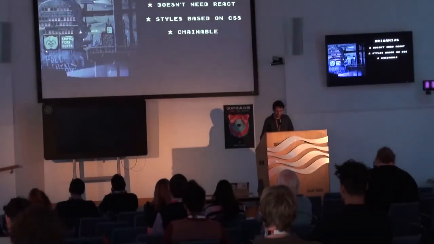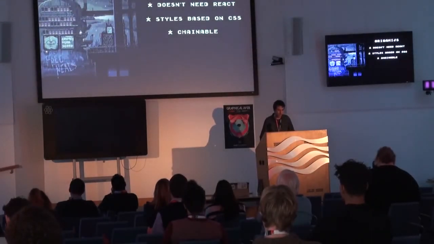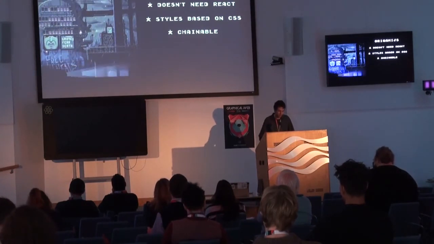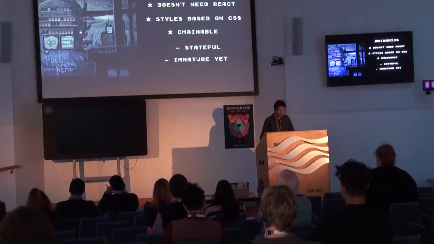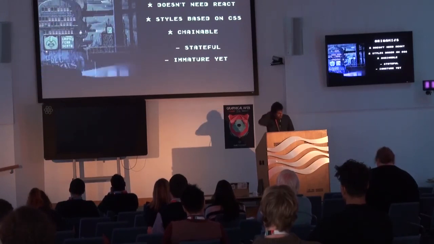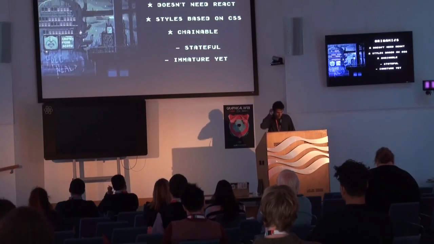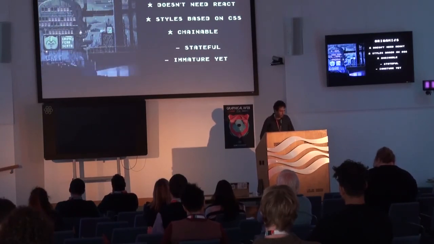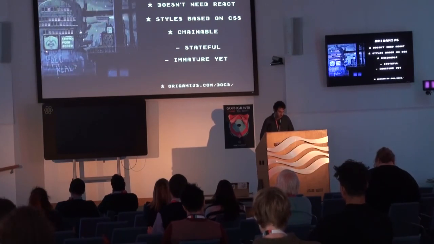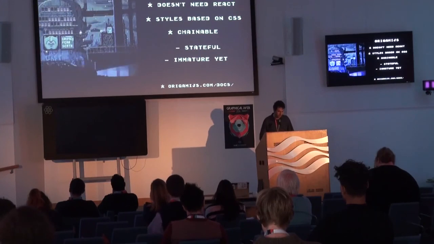But what is the big point of Origami.js? It doesn't react, styles are based on CSS, chainable, but stateful, and still immature, so it's hard to test. The project isn't even 1 year old, but you can help, and the Origami.js docs exist.